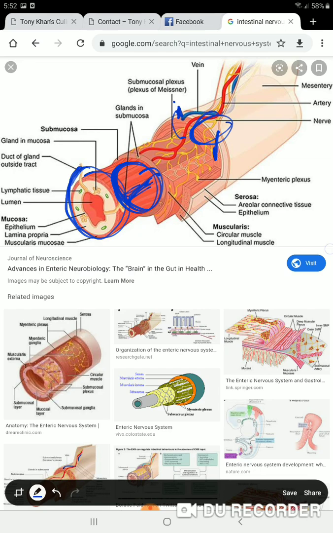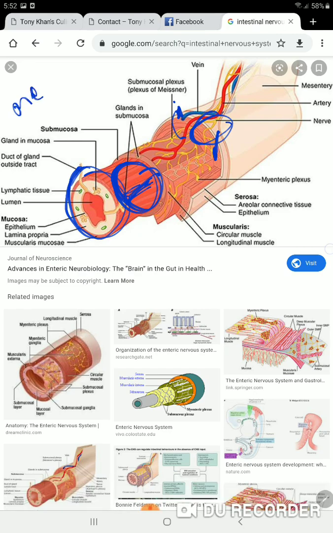And if it is caused by any structural disease, any structural problem, then it is not pseudo obstruction, it is obstruction. The pathology of intestinal obstruction within the wall, within the muscle and around the small intestine is called mechanical obstruction.